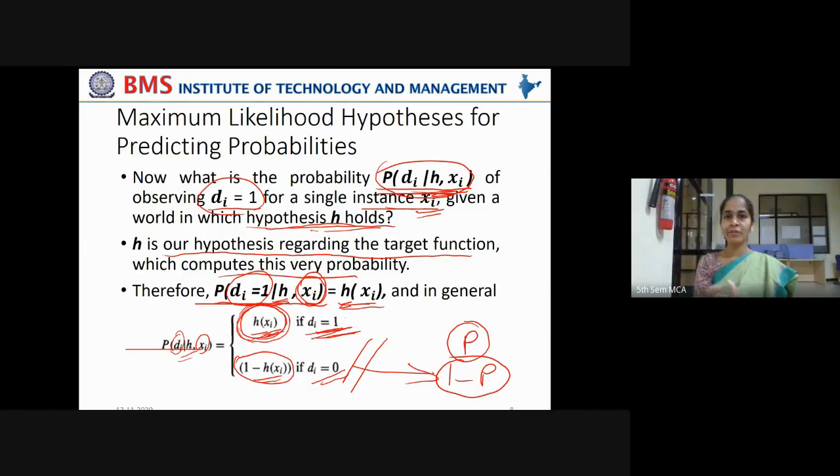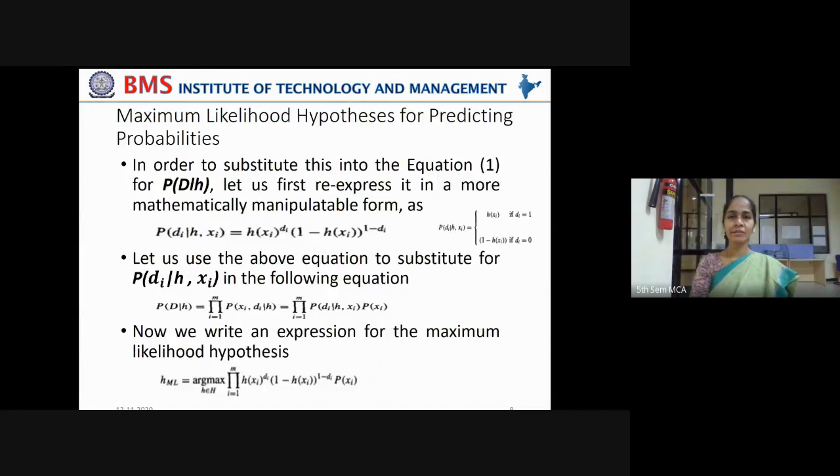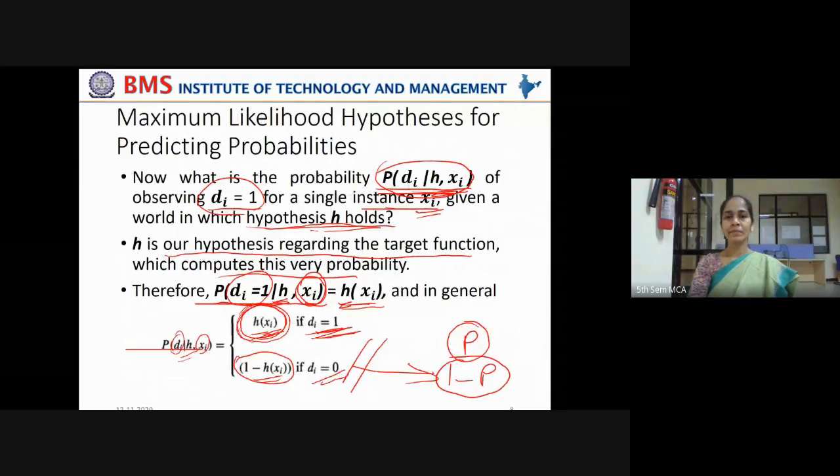If the patient is surviving, the event is happening, h of xi. If the patient is not surviving, di equal to 0, the outcome is equal to 0, that event is not happening. So it is 1 minus h of xi. I hope it is very clear now. Can we proceed further? Any doubts, students? Till here? In this representation?